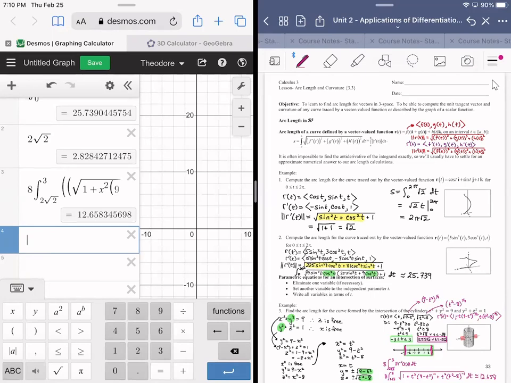If I asked you, which one's curvier, a cubic function or a quadratic function? Some people might immediately say the cubic, because it has more peaks and valleys. Other people might say the parabola, because the whole thing is a curve.